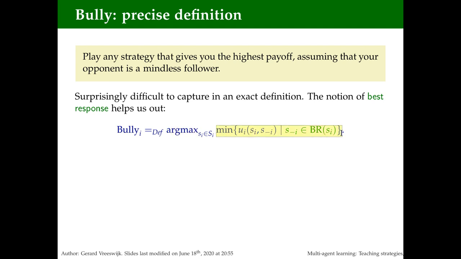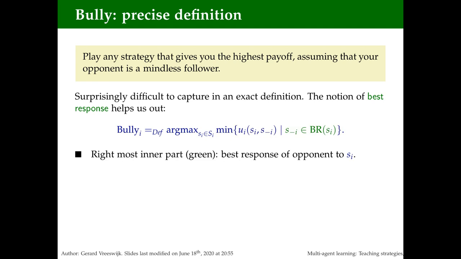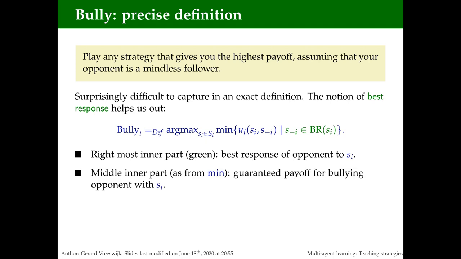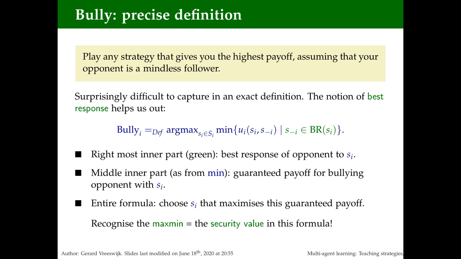It's quite a complicated formula actually. The rightmost inner part is the best response of your opponent to your strategy, and the middle inner part is the guaranteed payoff for bullying your opponent, and the entire formula maximizes this guaranteed payoff. If you read the formula well, you recognize the max min, that is the security value, in this formula. You maximize on the worst case scenario. Next slide.